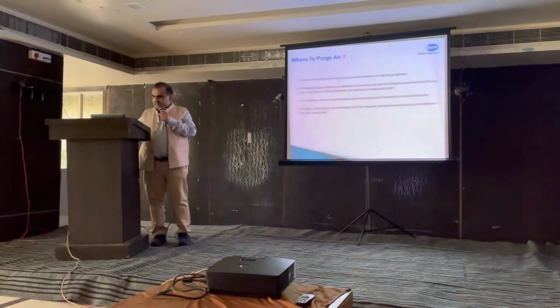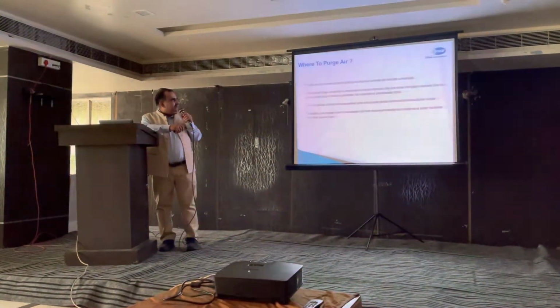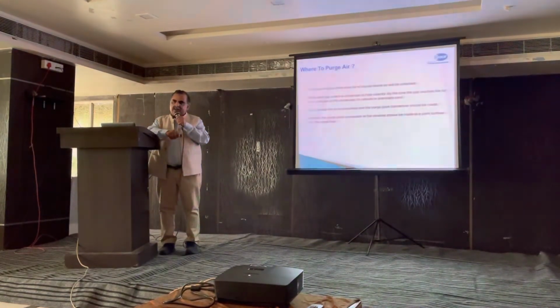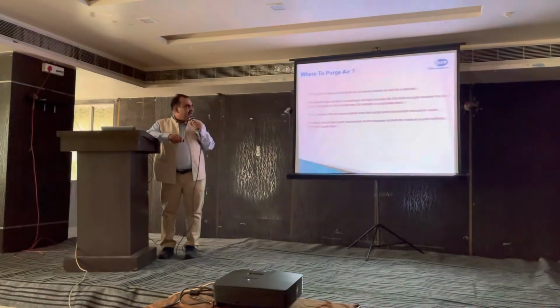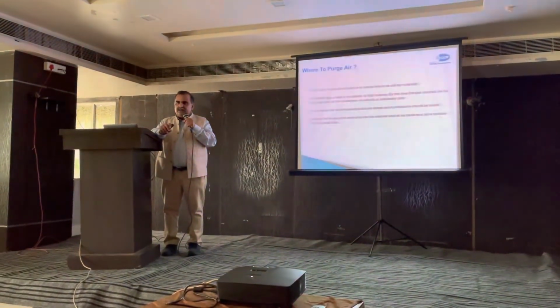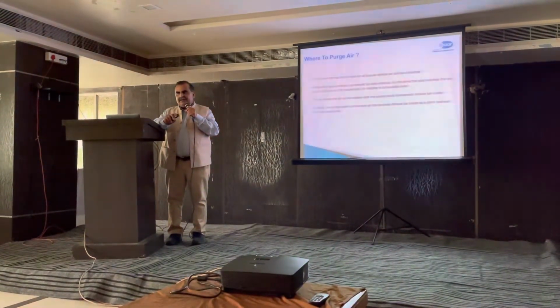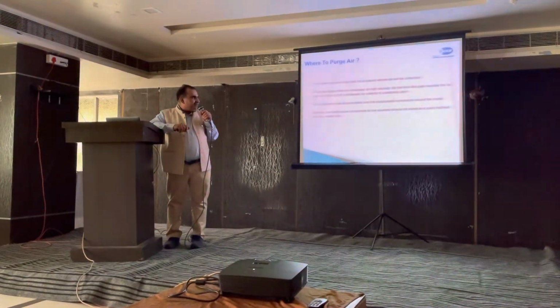Now where will my air come? Air comes in when my gas is entering the condenser; as I told you, it will be with ammonia and air both, and both have the same velocity. But when I go to the end of the condenser, the velocity of ammonia gas will be zero because it will become liquid, and what will remain is only air. So I have to take that air out.